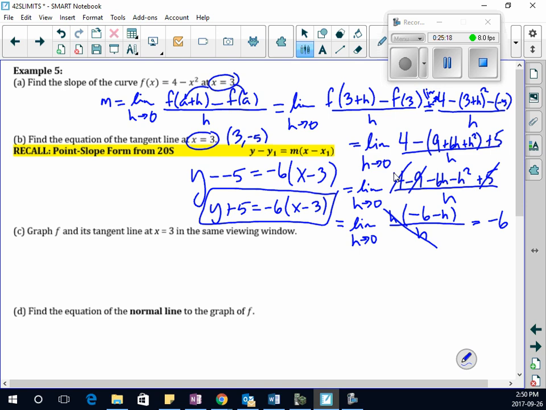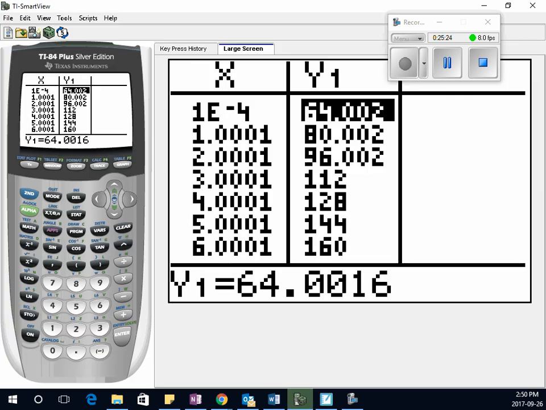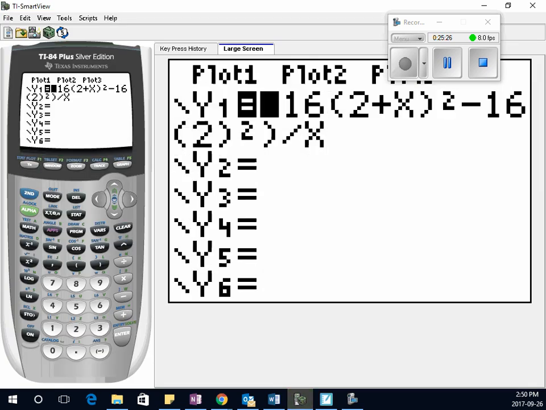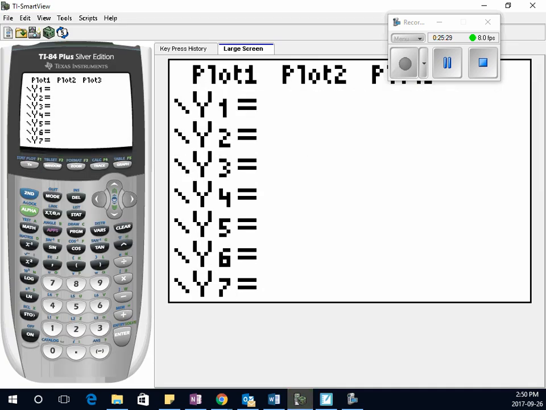Okay, so now we're going to take our graphing calculator and graph this. Go to your y equals, and we're going to graph 4 subtract x squared. And then we're going to graph the equation we just did. However, we can't plug into the calculator y plus 5 equals. We got to move the 5 over to the other side.